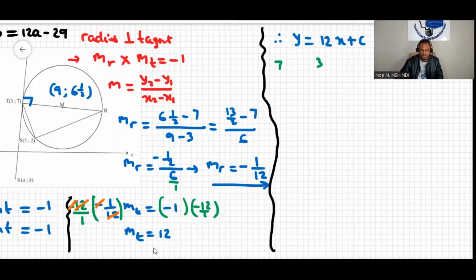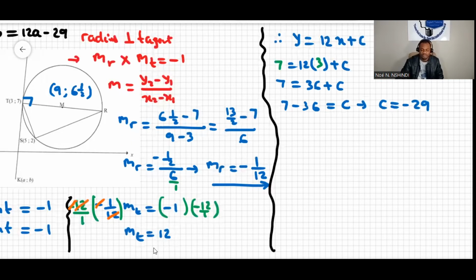This will be 7 equals 12 times 3 plus c, making 7 equal to 36 plus c. If I move the 36 over, that's 7 minus 36 equal to c, which means c equals negative 29. Therefore, the equation of the tangent is y equals 12x minus 29.